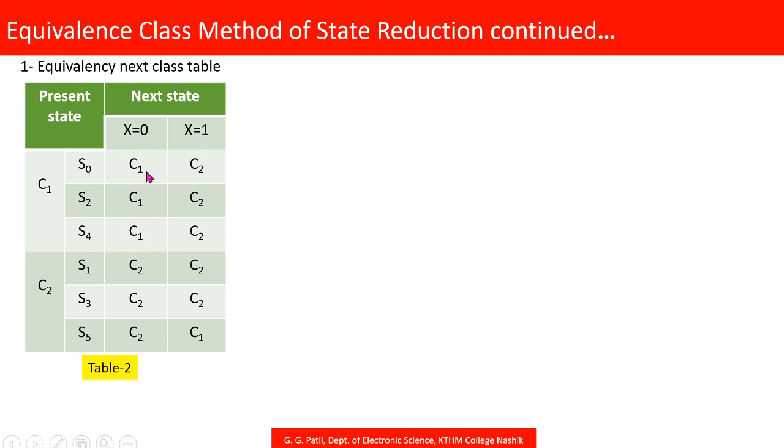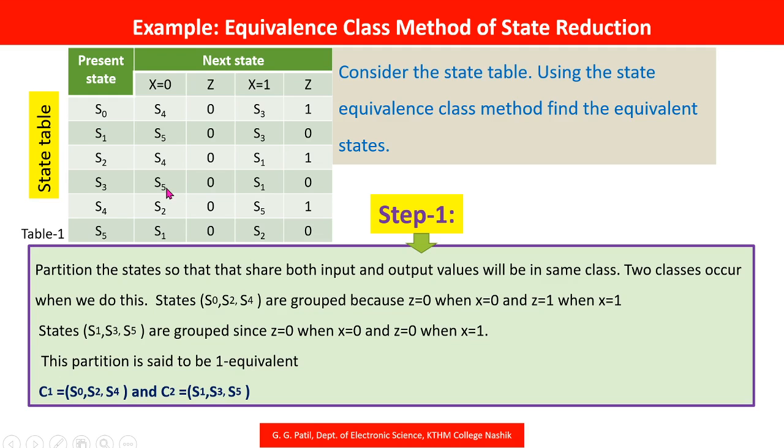Here C1 is written because in the state table, for S0 with x equals 0, the next state is S4, so S4 belongs to C1, therefore C1 has to be written here.